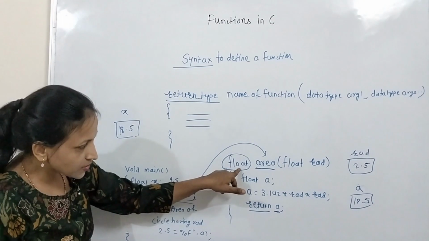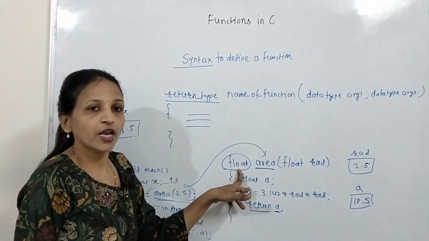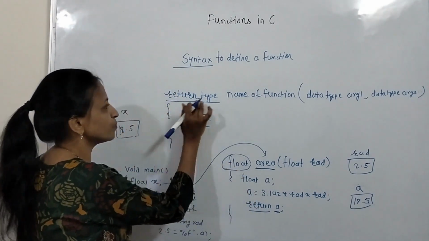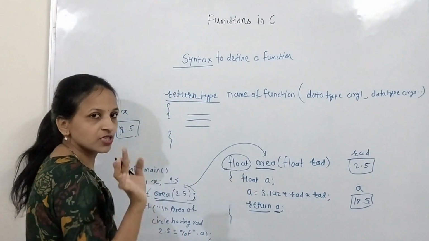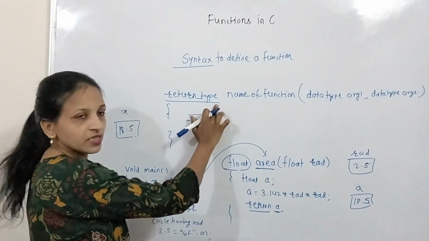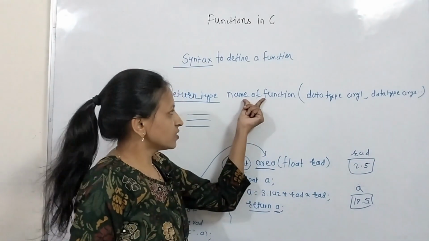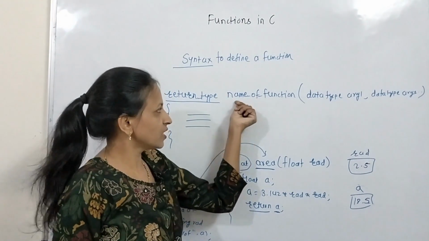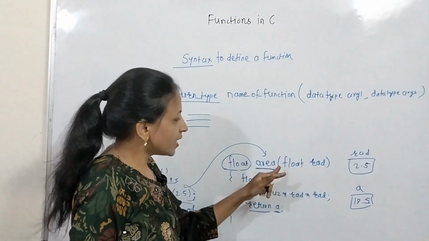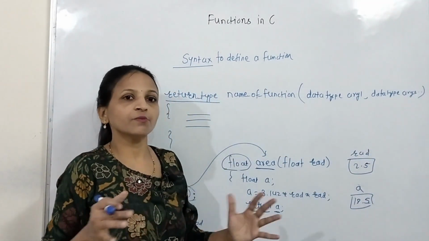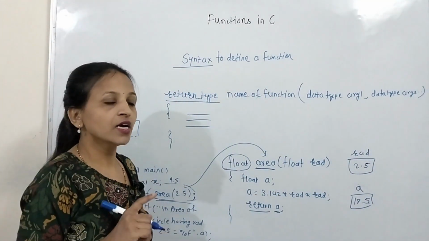Now what is this return type? Whatever value we are returning from that function, its data type we first have to mention while writing the function definition in this way. Then we have given the name of the function as area, that second, the name of the function we have to write, and after that in round brackets we can write any number of arguments with data type.